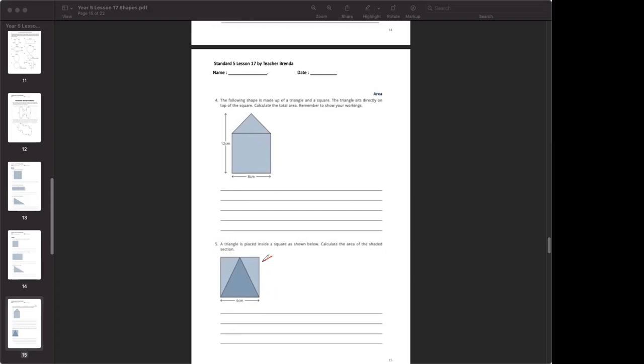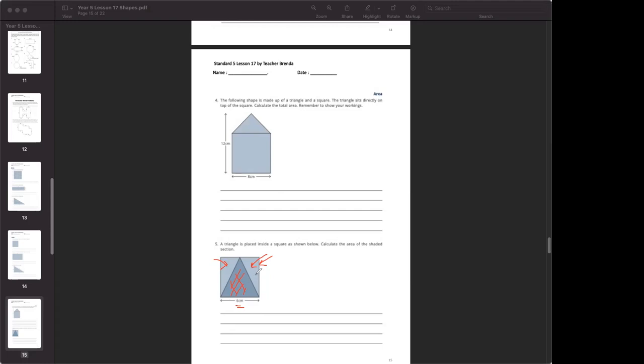Can you see this is a square? A square of 6 centimeter, right? I know. To calculate area, definitely you must take length times height. But what I want you to actually do is think. If I have a square and I put a paper or something and cover it with a triangular shape, and I wanted to find out what is the area that's not covered by the triangle, how do I do that?